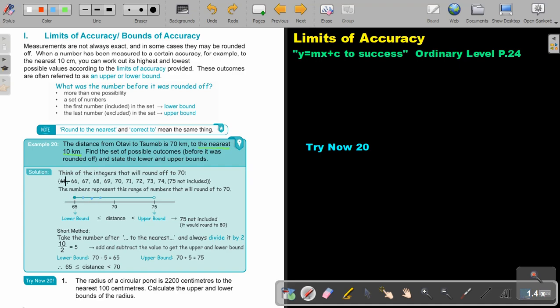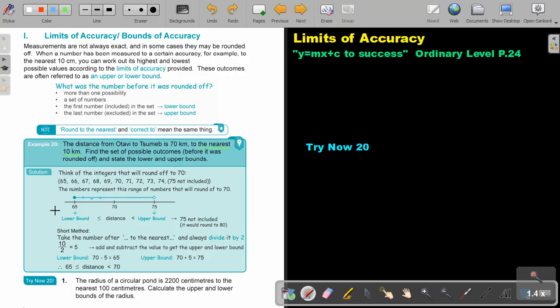It can be 65.1, 65.2, 65.3, and that's why it's actually all the numbers from 65. But can you see, it's an open circle, so that means 75 is not included. So everything just before 75.